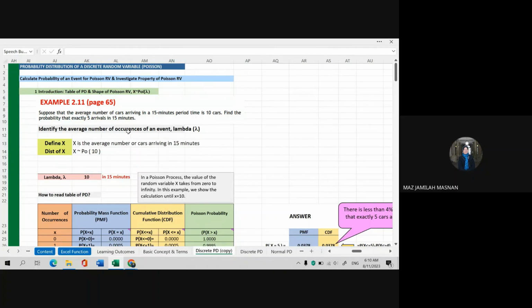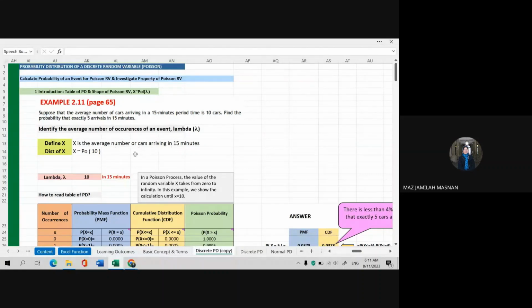Okay, in this case, we can define X as the number of cars arriving in 15 minutes. So this is the dimension, within 15 minutes, and the success is the number of cars arriving in that particular given time.